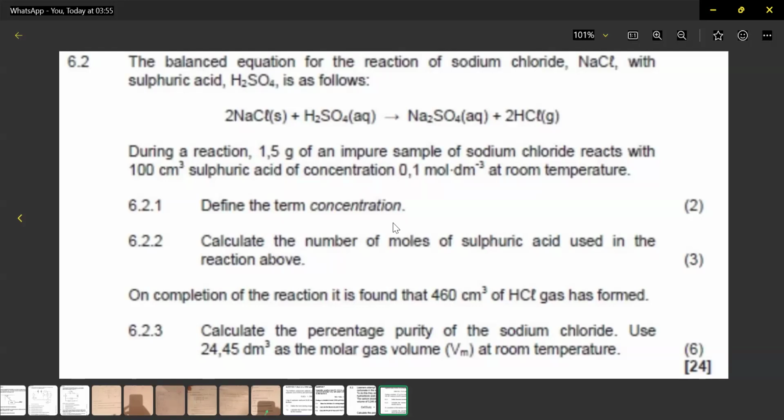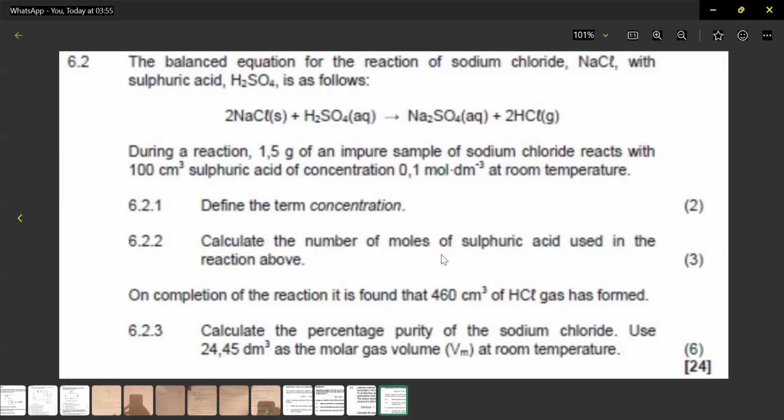So next they say to us, on completion of the reaction, it is found that 460 cubic centimeters of hydrochloric acid gas has been formed. Please calculate the percentage purity of the sodium chloride and use 24.45 cubic decimeters as the molar gas volume at room temperature.